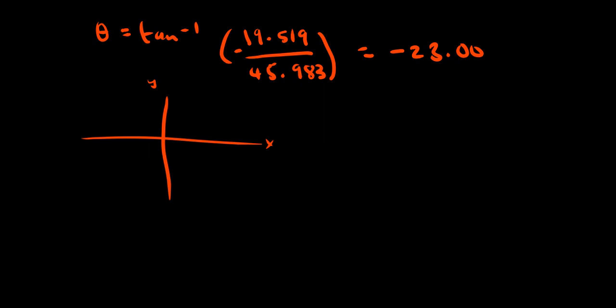I first go to the negative x, so you move this way, negative 45 point something. Then you go up because it's positive.